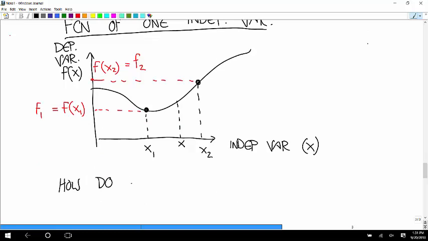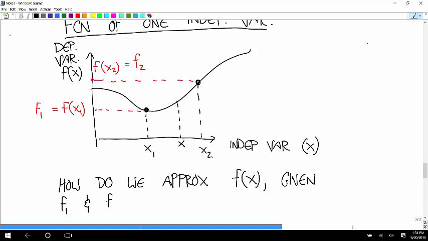So how do we approximate f of x given f1 and f2? The idea is that we assume that between those two points, the function is linear.